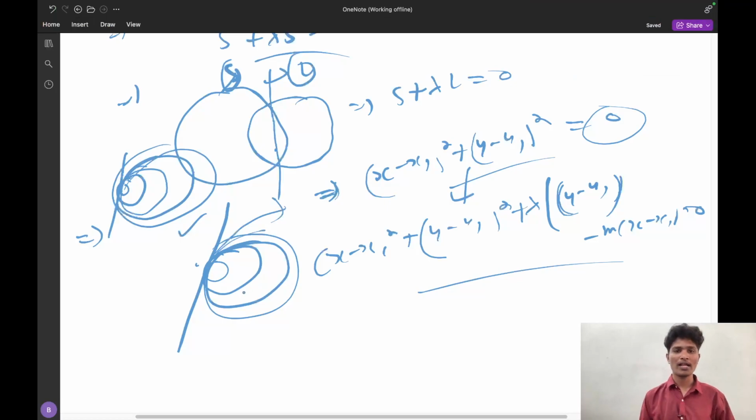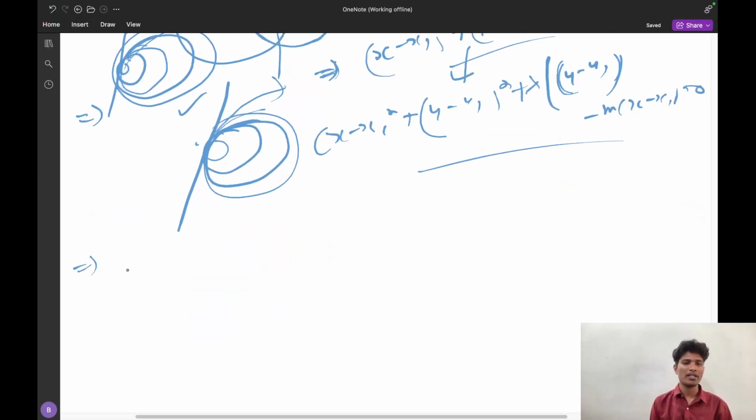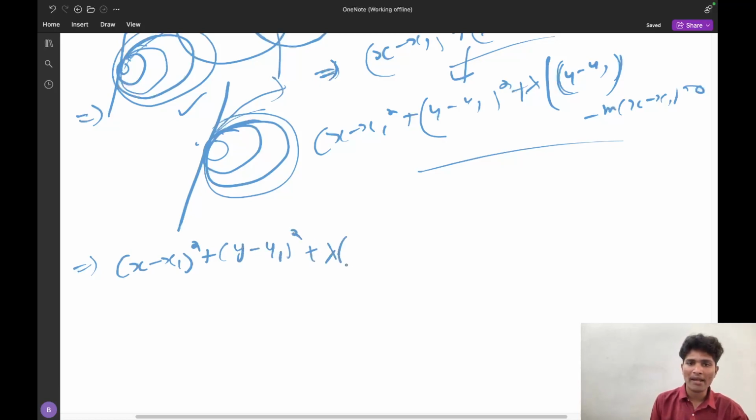So like this you have to visualize. I will write it again: the circle equation passing through the fixed point on the line is x minus x1 whole square plus y minus y1 whole square plus lambda times y minus y1 minus m into x minus x1 is equal to 0.